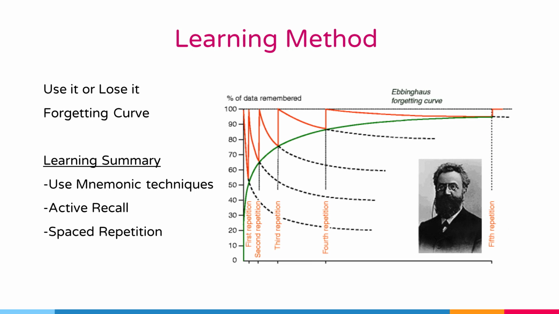Hermann Ebbinghaus hypothesizes that the speed of forgetting depends on a number of factors such as the difficulty of the learned material, how meaningful it is, its representation, and other psychological factors such as stress and sleep. He further hypothesizes that the basal forgetting rate differs little between individuals. So, he concluded that the difference in performance can be explained by mnemonic representation skills.